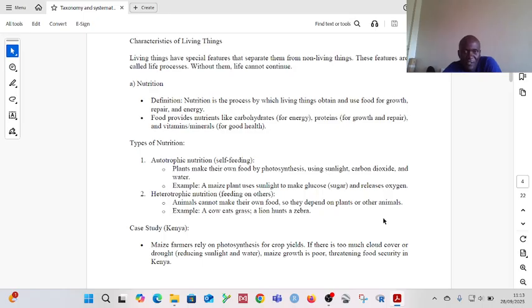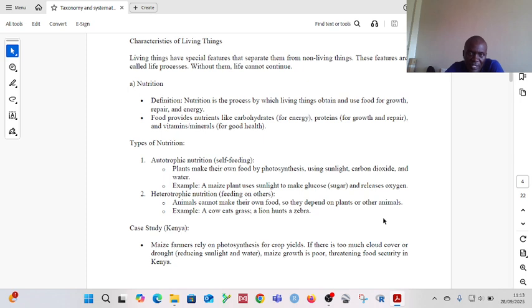As for the types of nutrition, you can either have a living organism obtaining food through an autotrophic mode of nutrition, which is also called self-feeding. This is mainly practiced by living organisms that have the ability to make their own food. Plants, for example, do so through photosynthesis, where they use sunlight, carbon dioxide and water to create energy.